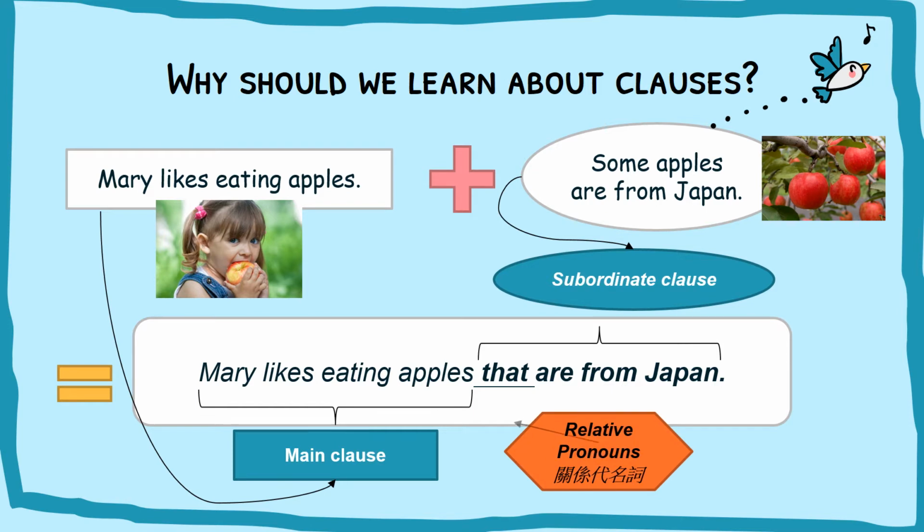One more thing, we have THAT, that. Here, that is a new word. You did not see this word that in the original two sentences. And the reason why we need it here is it is a relative pronoun.